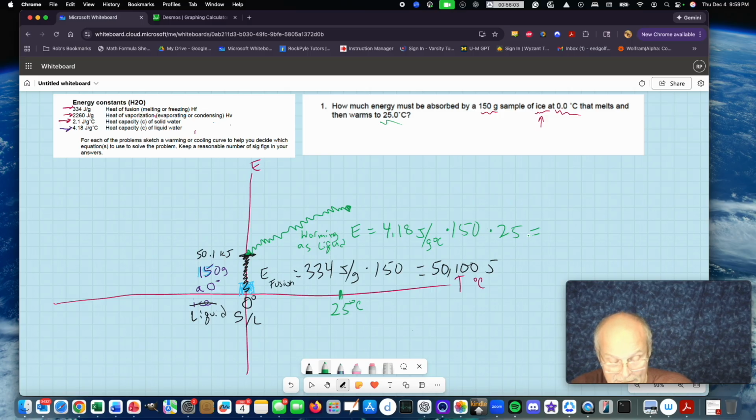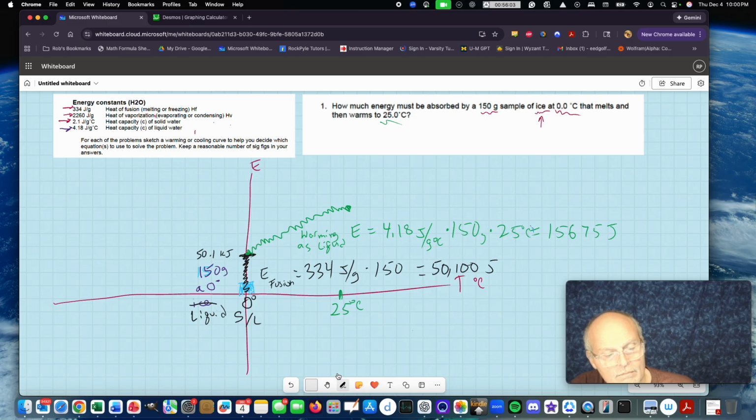That amount just for the green there is 150 times 25 is 15,675 joules, because all of my units canceled out, because this is grams, this is degrees C. So that amount is 15,675, but the level that I've put in from the beginning is that number plus 50,100.